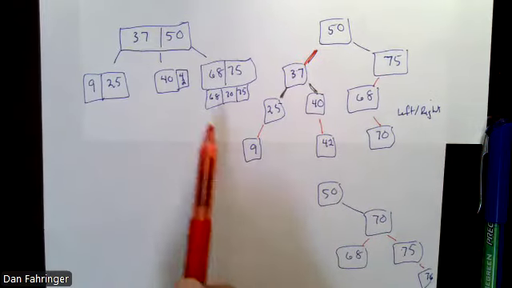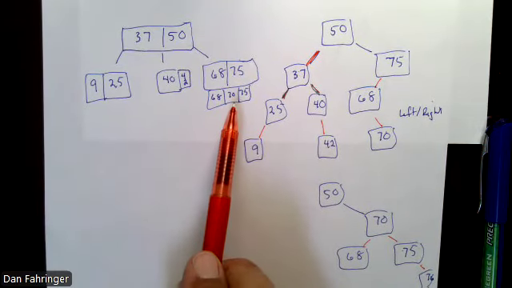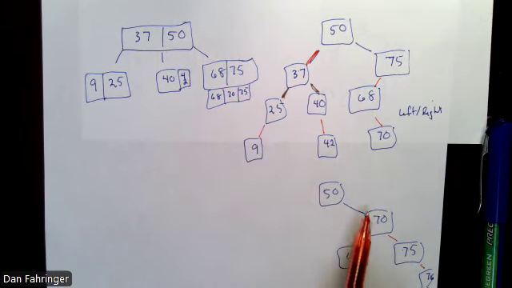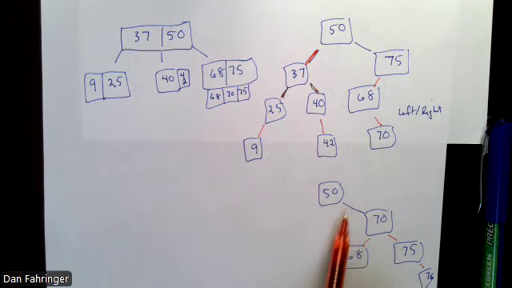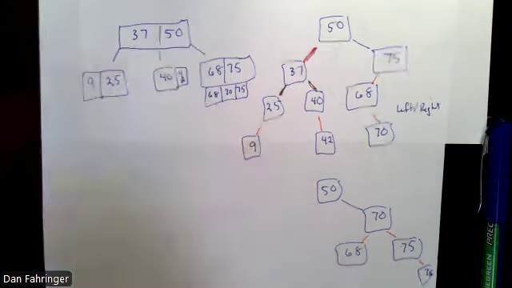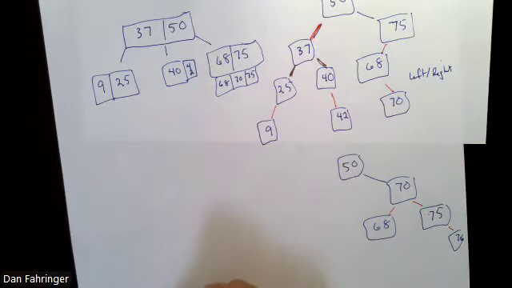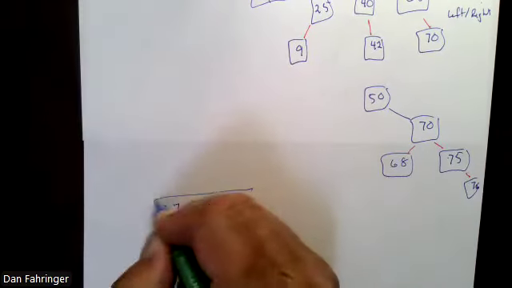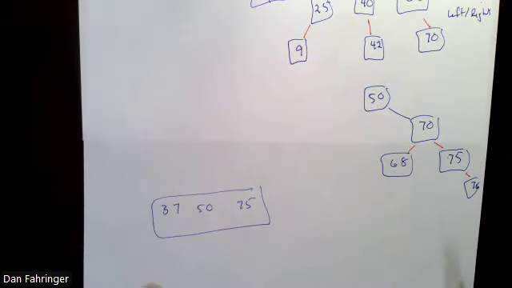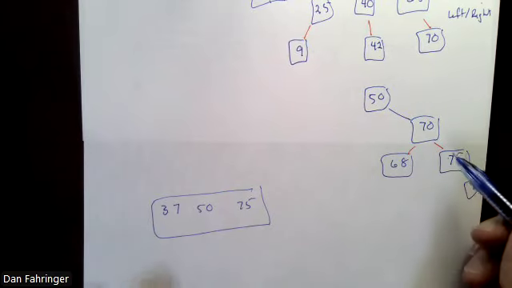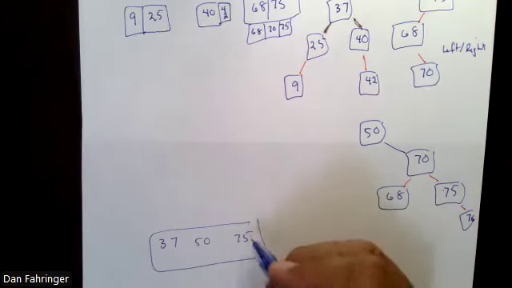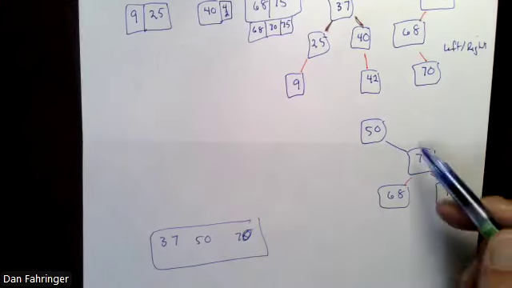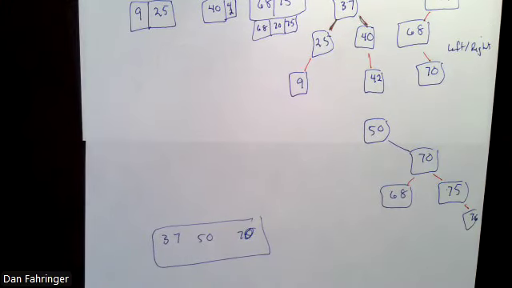What would be blowing up? Holy cannolis. When I go to add 76, this 70 now becomes a red because it's going to be up here with this guy. 37, 50, 75 would be my top one. So this 70 would now have to be a red, blowing some of this up.